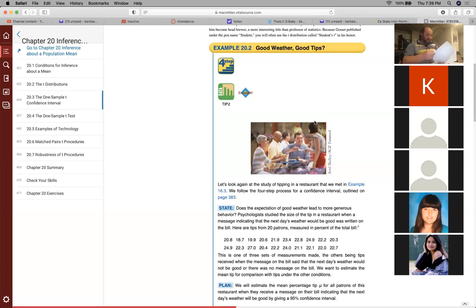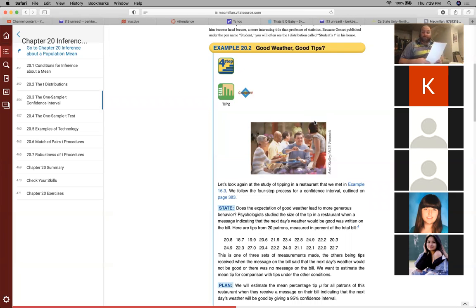So let's find the one that's appropriate. We're looking for a one sample mean when sigma is not known. Here we go. And what do we have? We have x bar plus or minus t star s over the square root of n.